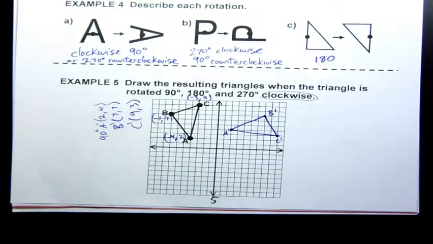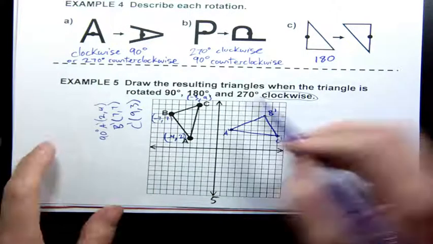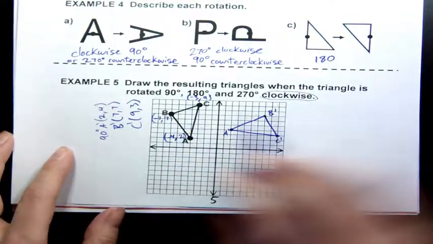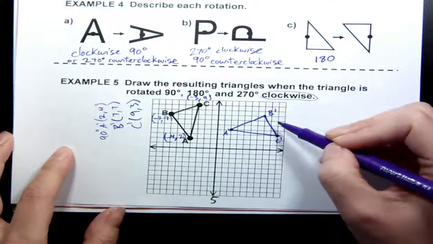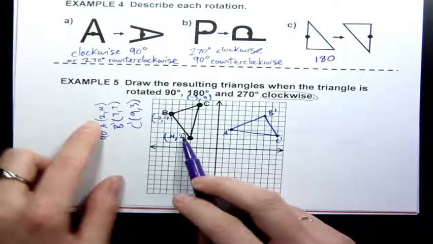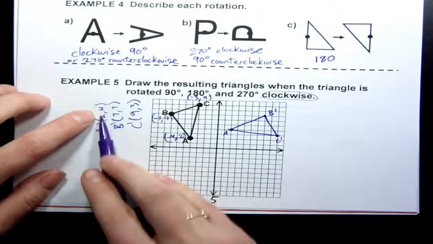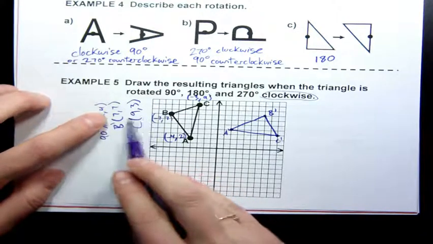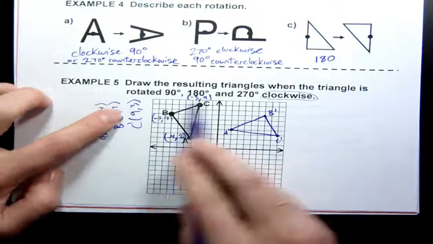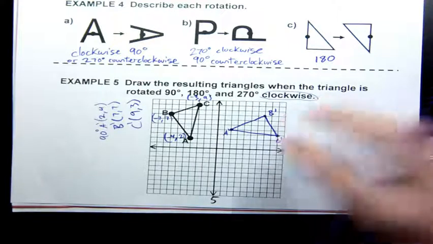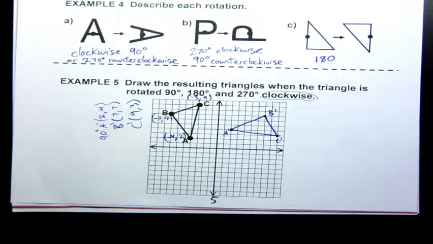And I could go back to the chart they gave us on the page before where it said, okay, if it's going from here to here, I reverse the order, and this is my positive quadrant, so everything becomes positive. So I just could take both of these, and this changes to our 2 and 4 that we found over here. Reverse the order, they're both positive. Reverse the order, they're both positive. Reverse order, they're both positive. It's just your preference. Is it easier to count it out and regraph it? To me, that's just kind of the most simple. But if you want to memorize the patterns and do it that way, you can.